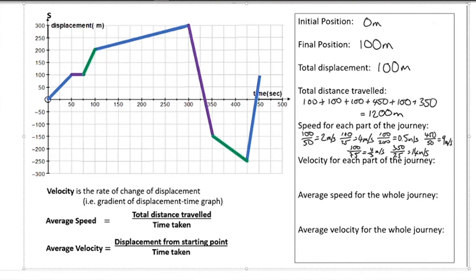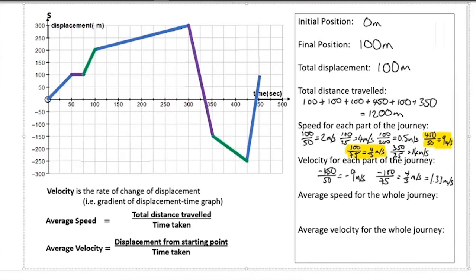So it's this purple part and this green part. For each of them, the calculation that we use is going to need to have negative displacement. So rather than the distance, we're using the displacement. So this initial one is negative 450 over 50, negative 9 meters per second. The second one, negative 100 over 75, negative 1.33 meters per second.